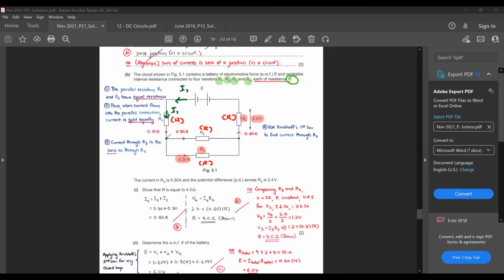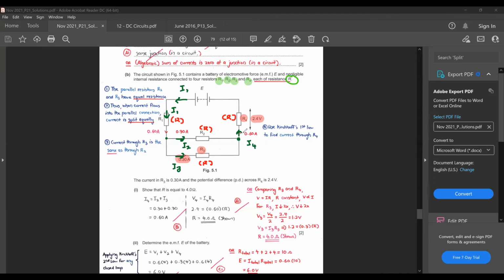The moment it reaches this junction here, it will split up. It will be I2 over here because it flows through R2, and this one will be I3 because it flows through R3. As it continues to flow, it reaches this junction again where it combines back to become, say, I4.